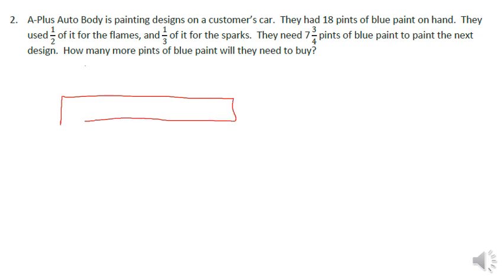Now it says they started off with 18 pints of blue paint. So there's our 18 pints. And it says they used half of it for the flames. The flames. Then it says they used 1/3 for sparks.